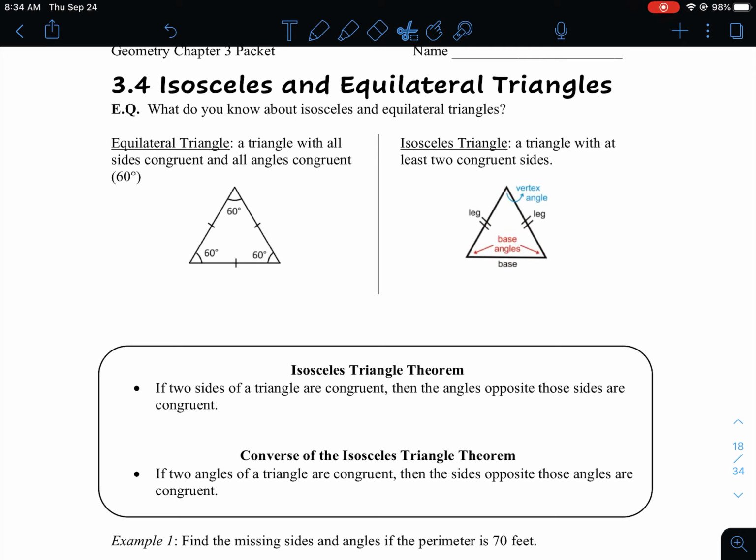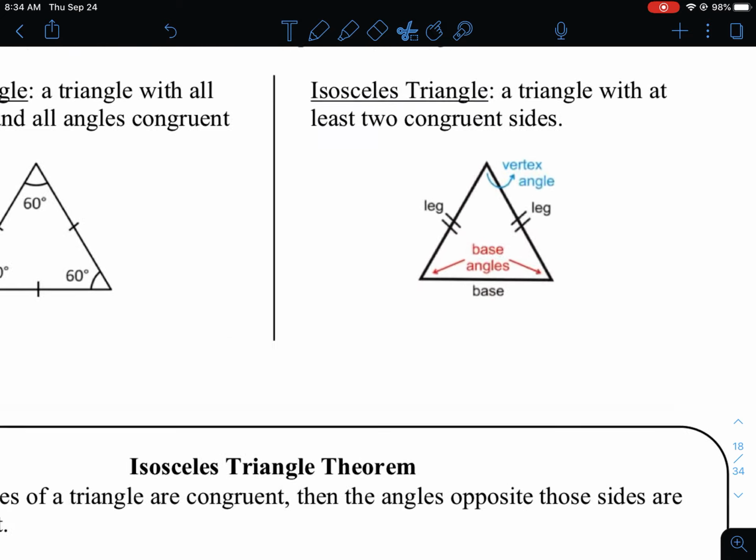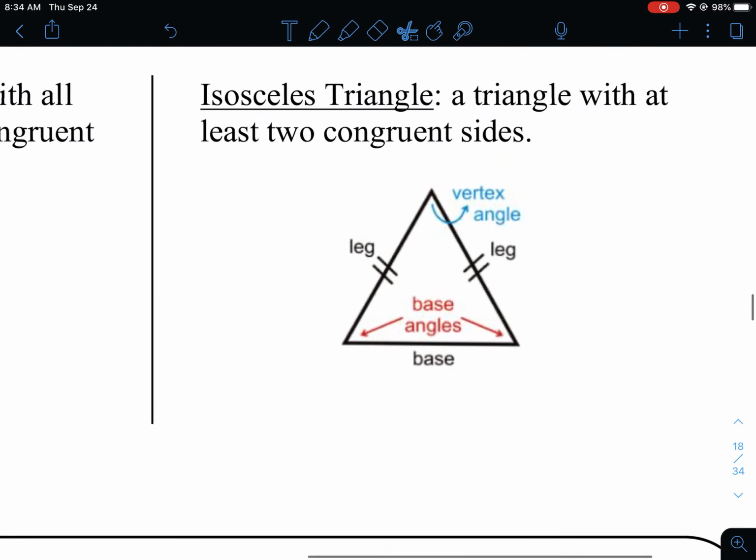An isosceles triangle is a triangle with at least two congruent sides. And you can see in that diagram of the isosceles triangle, there's a whole lot going on there. So we've named what everything is referred to. The side that is not congruent to the other two sides is called the base.